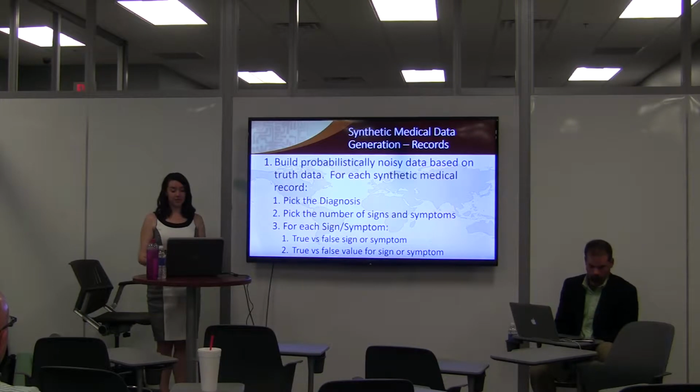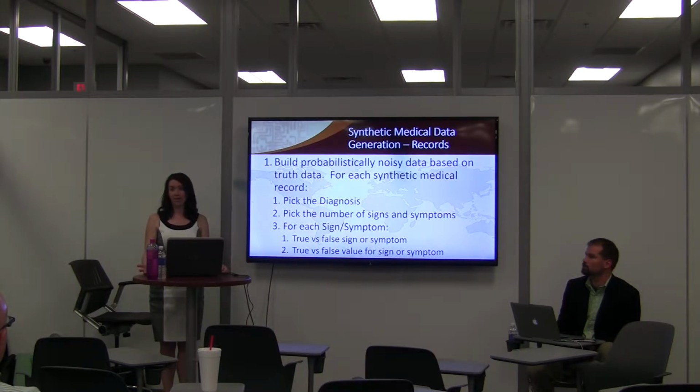So to generate these records, we chose a diagnosis, we picked a number of signs and symptoms to go with it, and then for each sign or symptom we have to determine is it true or false, because you can absolutely have a false sign or symptom to go with your diagnosis, and that can happen in medical records. There may be signs or symptoms that get misreported, not noticed because they weren't brought up or weren't tested for.